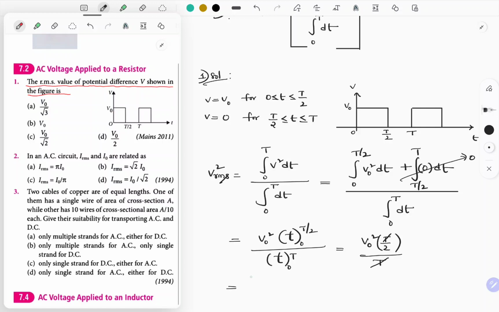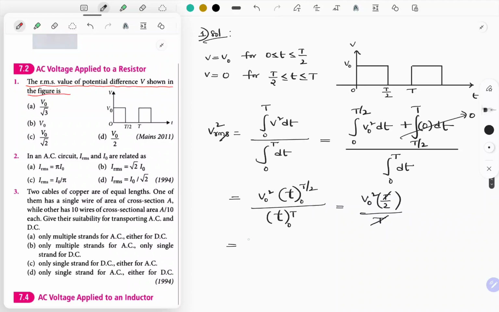So the left side should be Vrms square, and it's going to be V naught square by 2. Then Vrms alone is V naught by root 2.